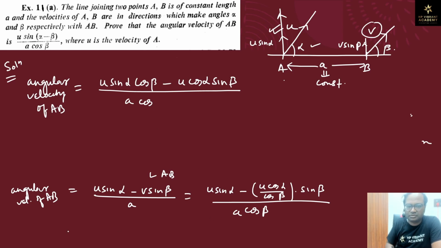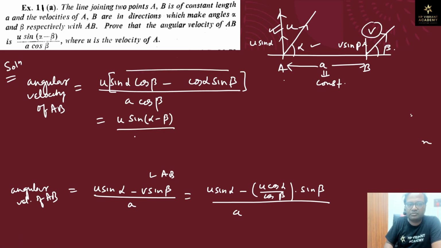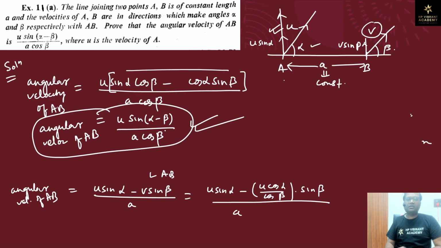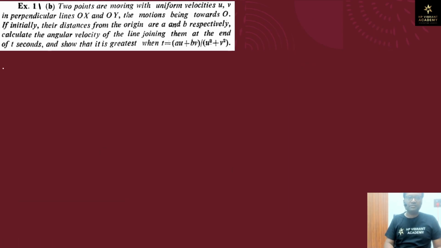Let us take u outside. So this whole expression is u sin of alpha minus beta upon a cos beta. This is the angular velocity of AB.